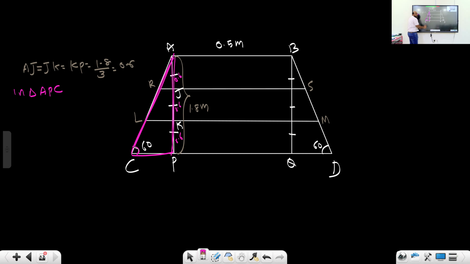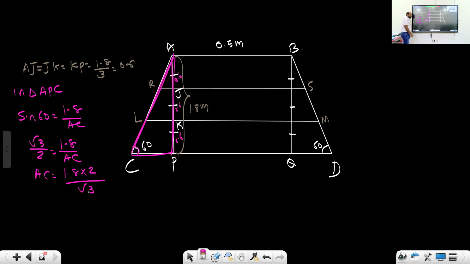What is this side? Hypotenuse. Which trigonometric ratio? Opposite and hypotenuse, sine. Sine 60 equal to 1.8 by AC. What is sine 60? Root 3 by 2. So 1.8 by AC equals root 3 by 2. AC equal to 1.8 into 2 by root 3. Am I right?